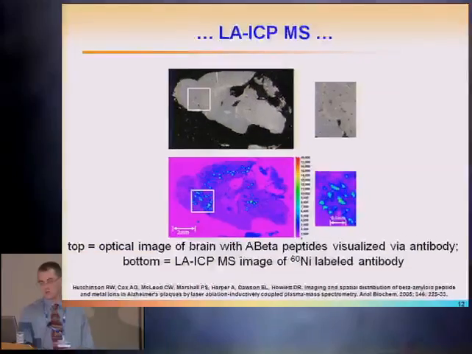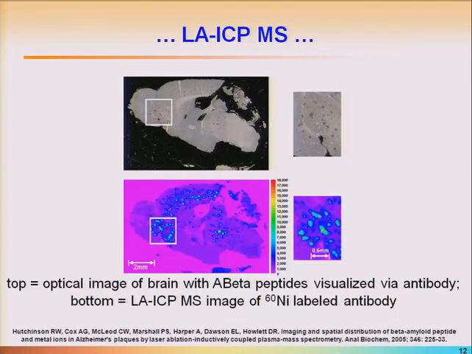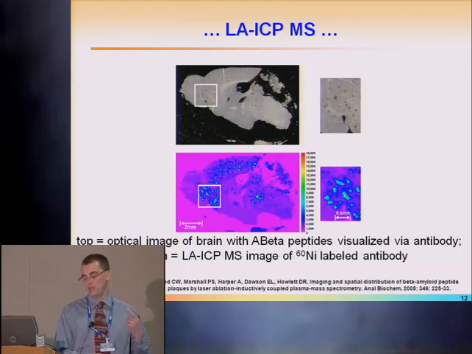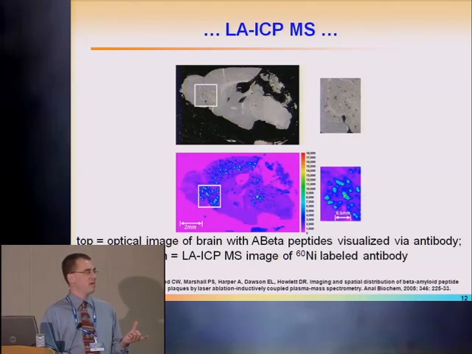And here's a very intriguing example: on the top you have an image of a brain with A beta peptides, and they are visualized with an antibody. And here's a more detailed picture. This antibody was labeled with the isotope 60 nickel, which is then detected by ICPMS, which illustrates where the antibody is linked to the A beta peptides.